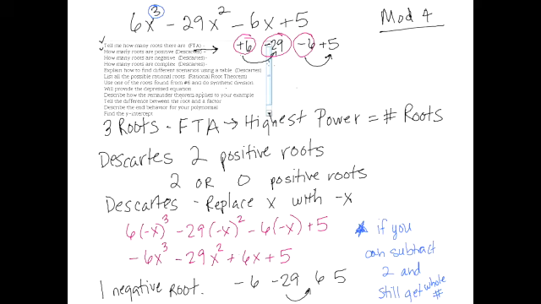Okay? So in this case, we know for sure that there is 1 negative root. For sure, for sure. We're not sure about the positive roots. We don't know if there's 2 or if there's 0. But we know absolutely beyond reasonable doubt there is 1 negative root.